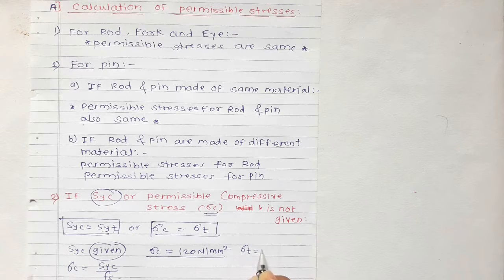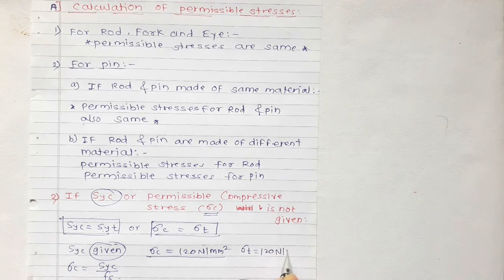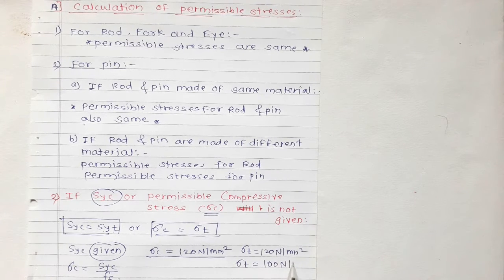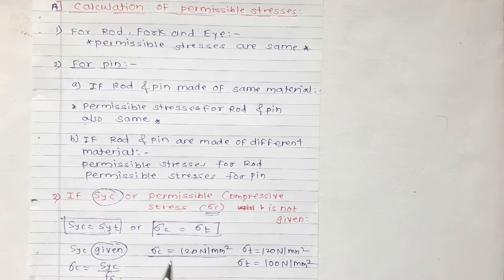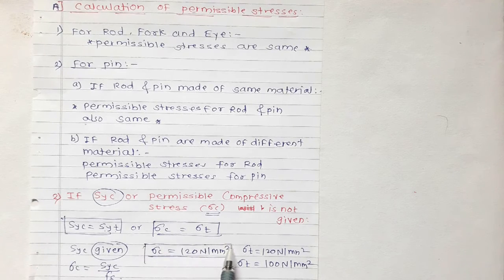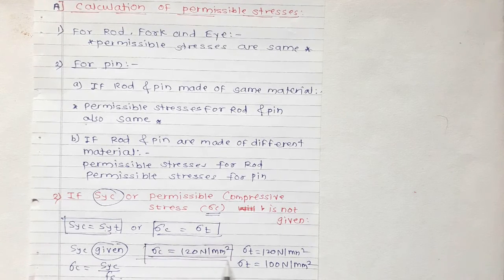Permissible tensile stress may be 120 Newton per mm square, or sigma T may be different than this, like 100 Newton per mm square. So it is not always the case that sigma C and sigma T are the same. If sigma C is not given, we can take it equal to sigma T, but if in the numerical sigma C is given, then we have to use the given value, which may or may not be equal to sigma T.